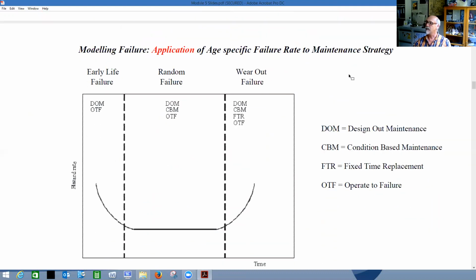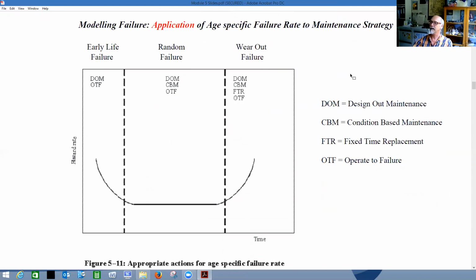So again, what we can do is map that on top of the bathtub curve, and that gives us an idea of the types of things that occur. As we say, for early life failure, we can look at some of our maintenance strategies. So in that case, the design out maintenance strategy works quite well.